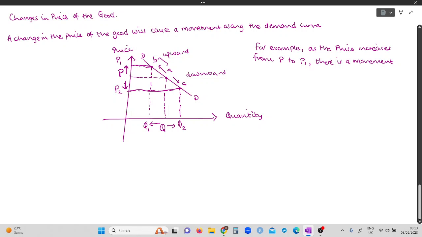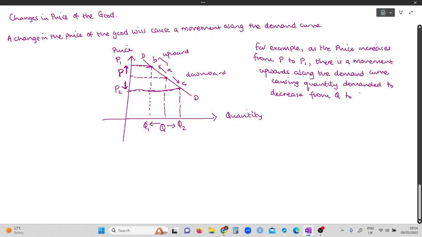So there is a movement upwards along the demand curve. Since price has increased, this will cause quantity demanded to decrease from Q to Q1.